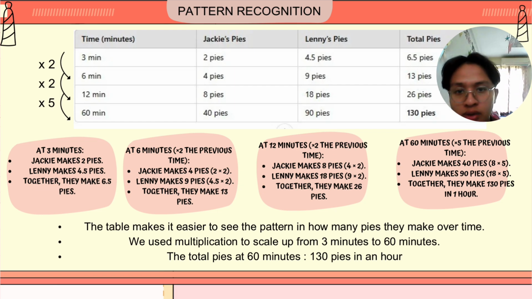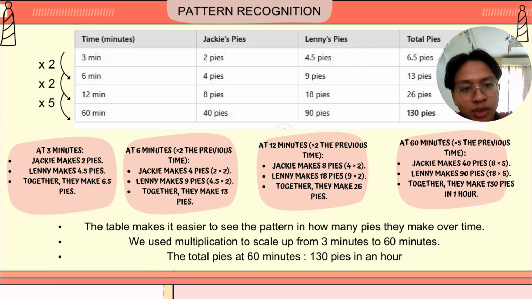At 6 minutes, which is 2 times the previous time, Jackie makes 4 pies, which is 2 times 2, while Lenny makes 9 pies, which is 4.5 times 2. Together, they make 13 pies. At 12 minutes, which is 2 times the previous time, Jackie makes 8 pies, which is 4 times 2, while Lenny makes 18 pies, which is 9 times 2. So together, they make 26 pies.